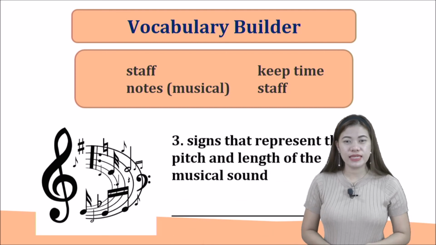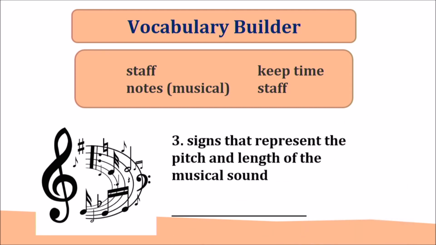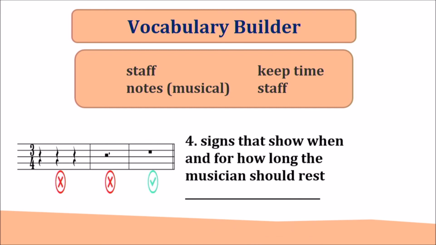Next, number 3, signs that represent the pitch and length of the musical sound are called musical notes. And then number 4, signs that show when and for how long the musician should rest are called rest.